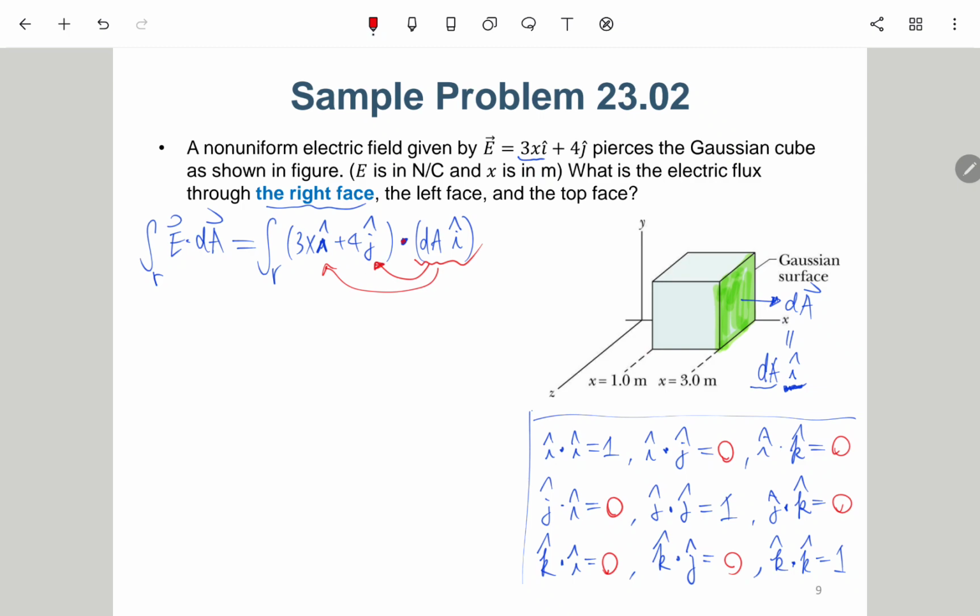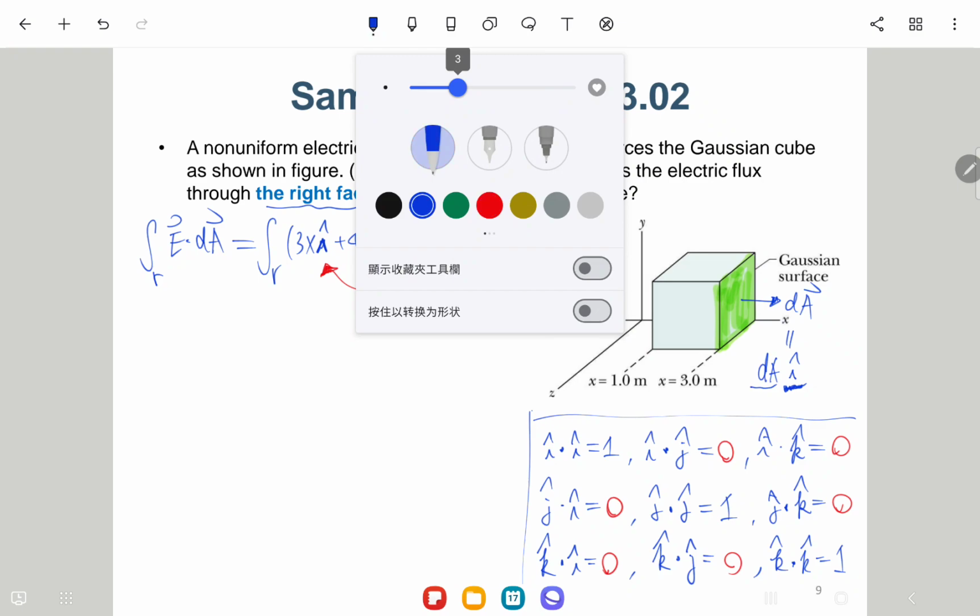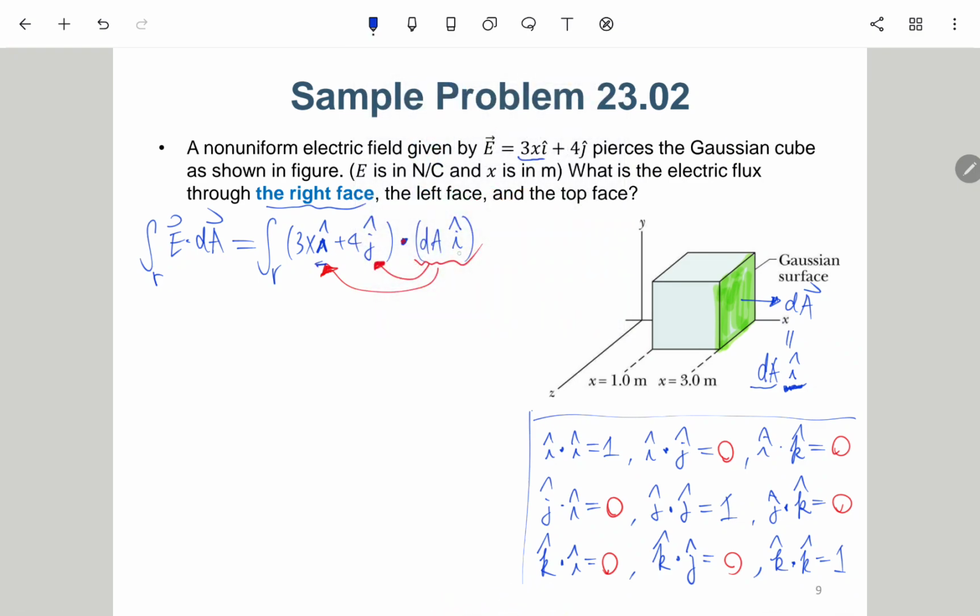It's the distributive law of multiplication. The dot product is still a multiplication, so we compute it according to the multiplication rules. Okay, so here i dot i will be 1, so we have the integration over R of 3x dA. For the second term, j hat dot i hat will be 0, so nothing remains.